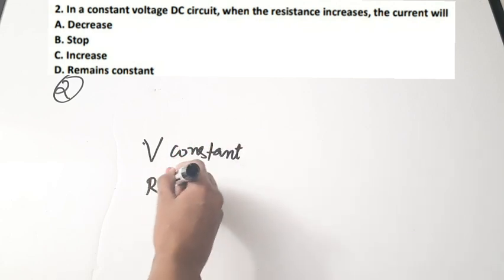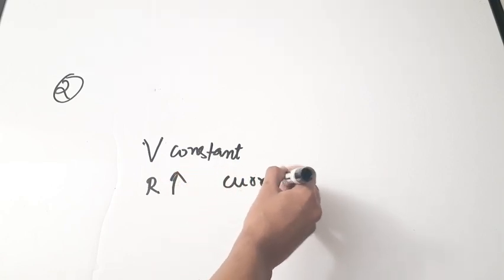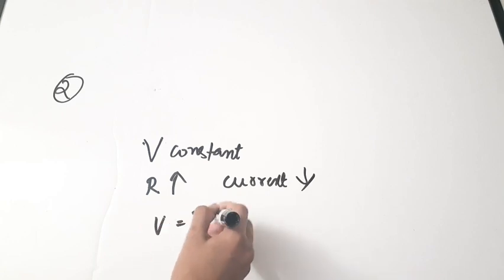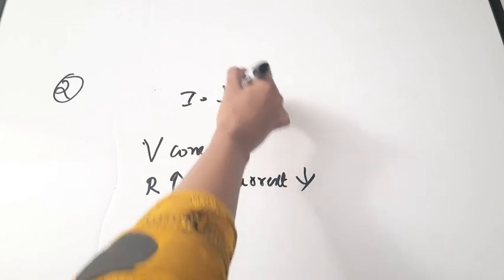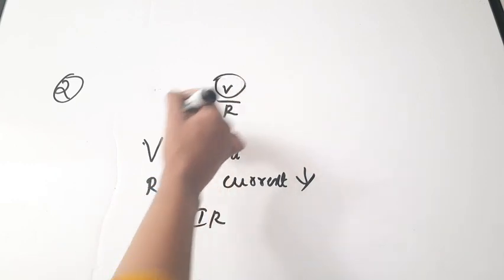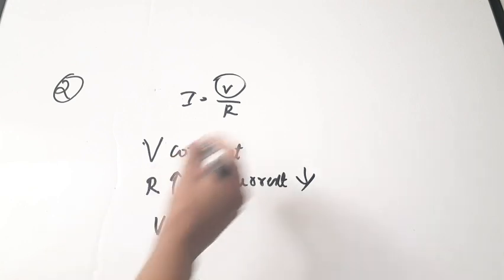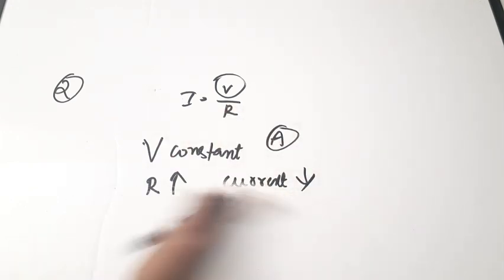When resistance is increasing, current will decrease, right? We know that V is equal to IR and I is equal to V by R. V is a constant. If R is increasing, I will surely decrease, because they have an inverse relationship. The correct answer is A, it will decrease. Next question.